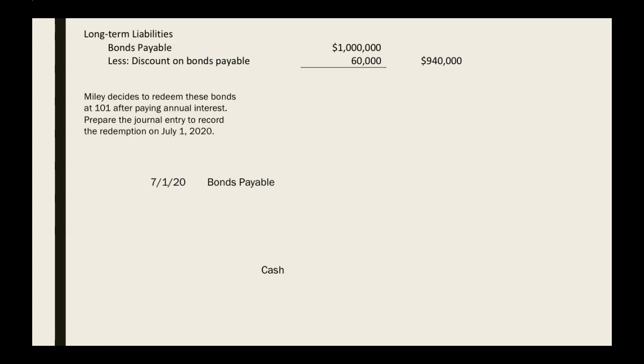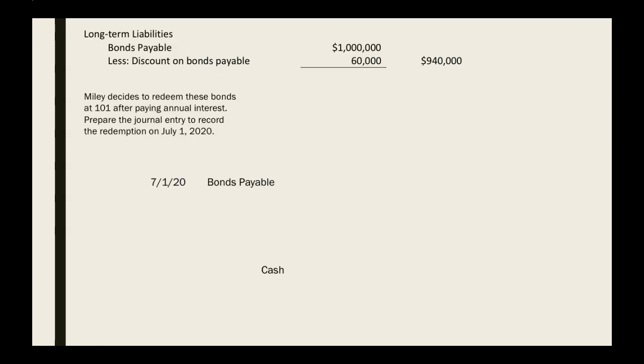Another piece of information that we're told is that we had a discount on our bonds payable still on our books. Well, if these bonds are being redeemed, we need to get that discount off of our books. So a discount has a normal balance of a debit.